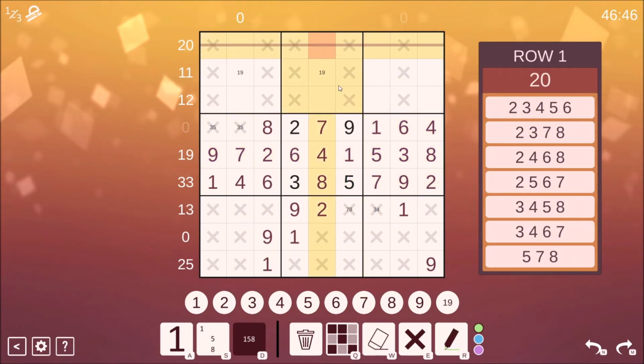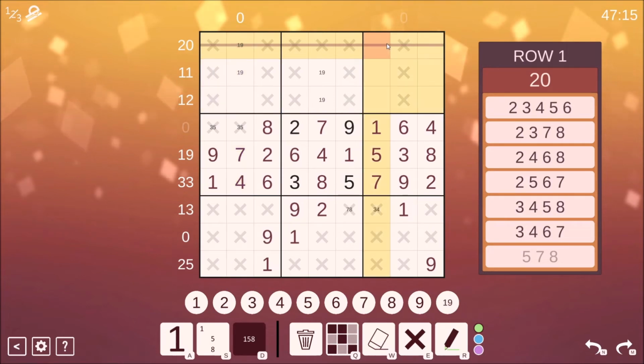So we can actually rule out this spot with our 20 clue and say no 5, 7, 8, as well as place a 1 or a 9 here. And looking back at this, we clearly can't place a 20 in this cell. So we're going to have a 1 or a 9 over here.